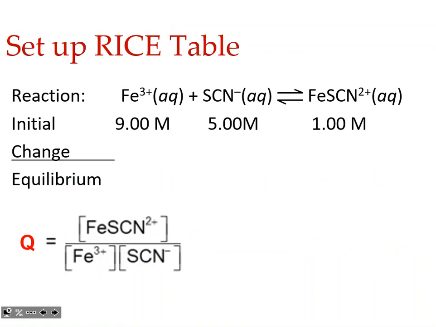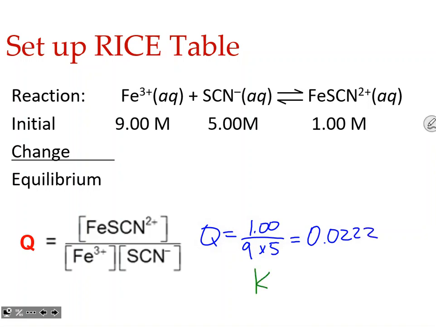All right, so Q, what did we get for Q? Let's plug and chug, let's get Q. Basically 9 times 5, what do we get? Yes, there we go. And guess what? K is greater than Q, because we know K is 0.333 and Q is that value.